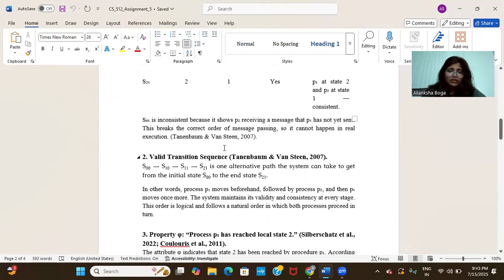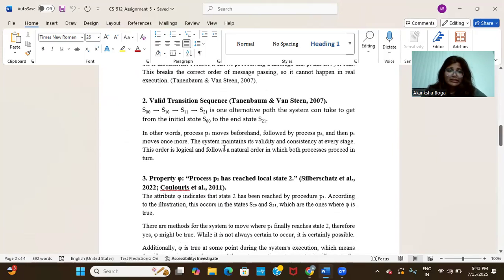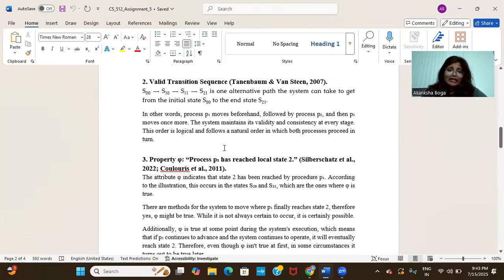So this is it about consistent and inconsistent states. Next, coming to the valid transition sequence. Now let's look at how the system moves forward, step by step, in a correct way. We start at S00, where both computers are at the initial state, which means they haven't done anything.